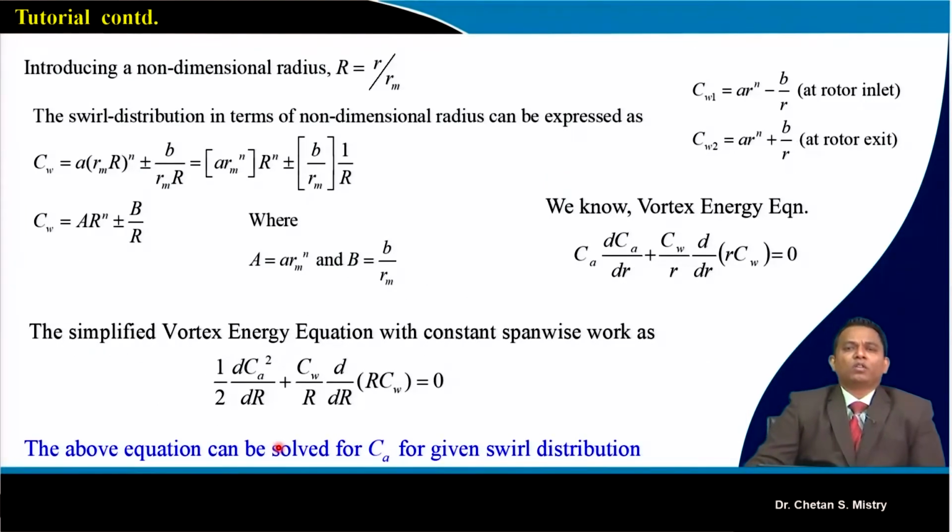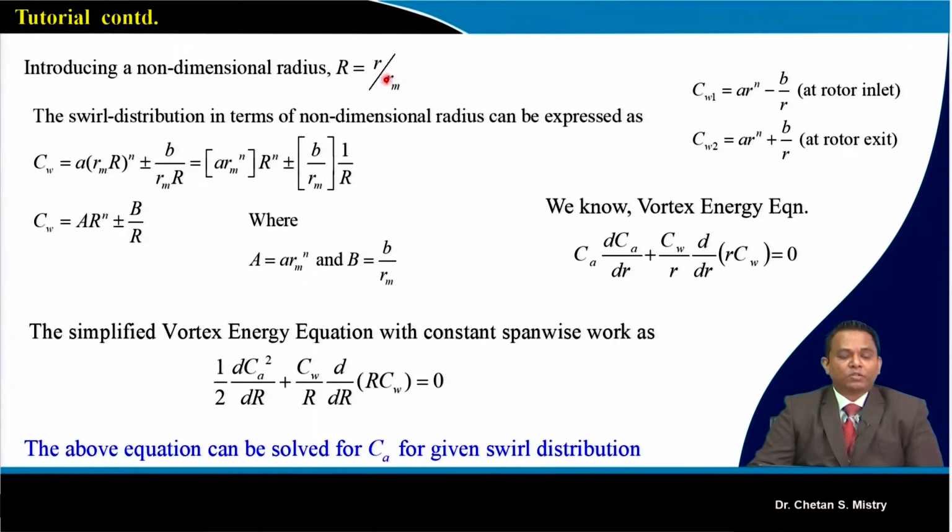Now, in order to simplify this solution, let me introduce one non-dimensional parameter, capital R, which is nothing but the radius or location at a particular station divided by the mean radius.